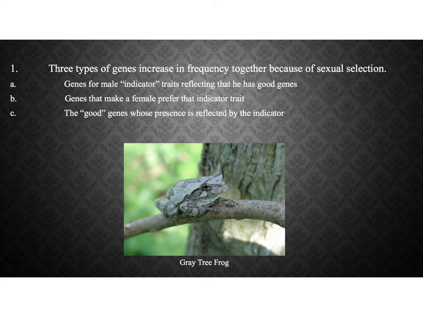Offspring from long callers actually grow faster and survive better as tadpoles, are larger at metamorphosis, and grow faster after metamorphosis, and this is done in comparison with offspring of short callers. Of course, this was all tested in the lab, and it shows the good genes are reflected.